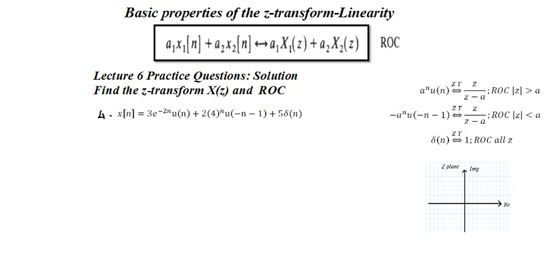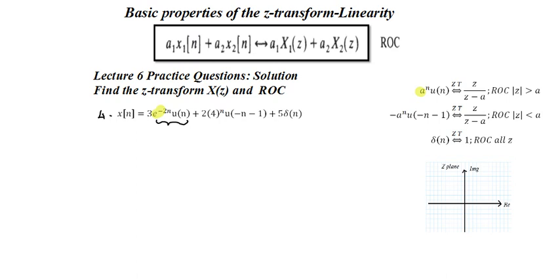And here you can see actually three signals. One is u of n, another is u of minus n minus 1, and delta of n also. And I can write the transform of the individual signals. So the first signal is like a causal signal, something in the u of n, but again in place of a, here you can see 3 e raised to minus 2, a raised to n, something like that.